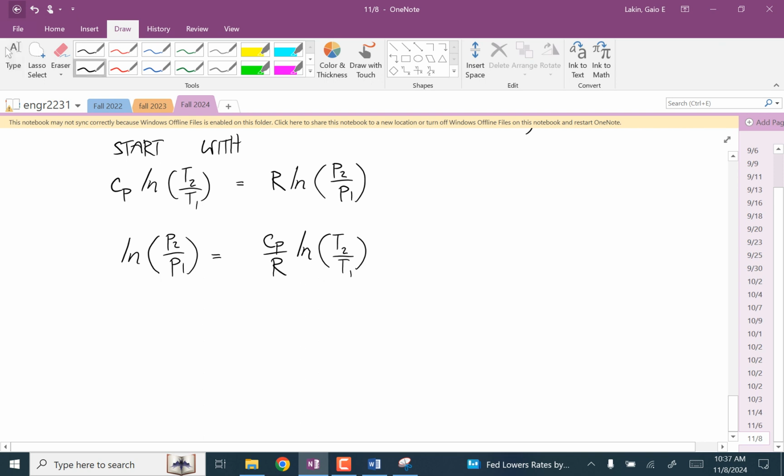Then we'll raise each side, e to the power of each of these two sides of this equation. So we have e to the natural log of P2 over P1 is equal to e to the power of Cp over R times the natural log of T2 over T1.